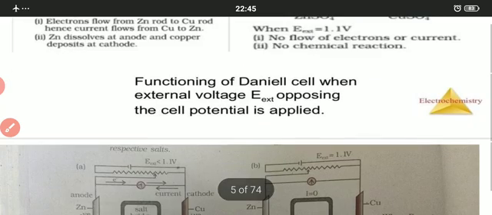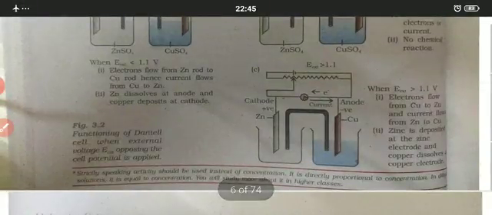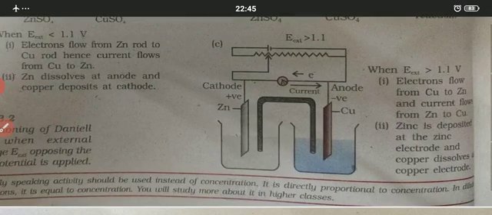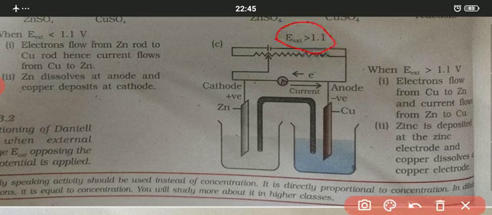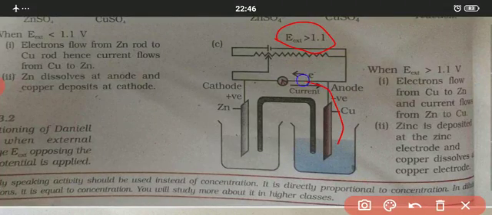Now, in the third condition, if we apply a greater external voltage, then what happens? The electrons move from copper to zinc.